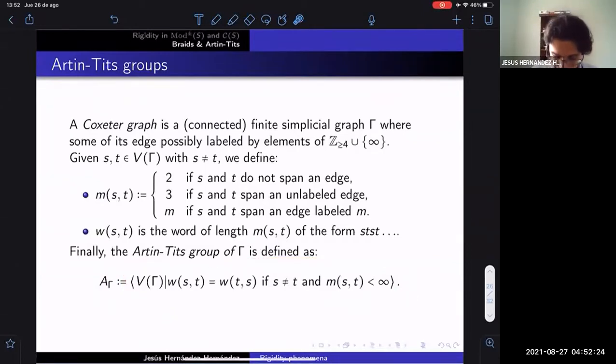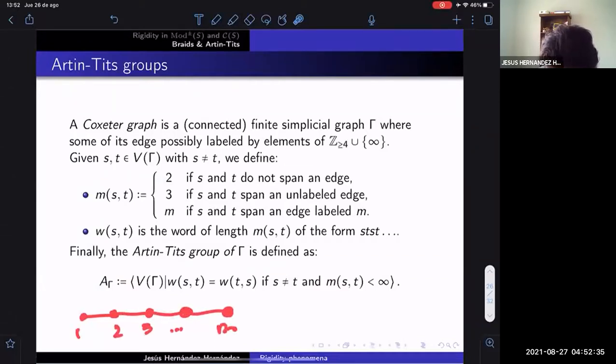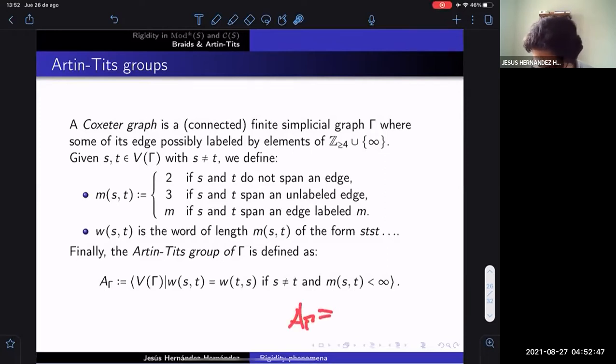So we can see that this is indeed a generalization of the braid groups, because if I take gamma to be just this graph, for example, from 1, 2, 3, up to n minus 1, then A of gamma is going to be exactly the braid group on n strands. So this is actually a generalization.